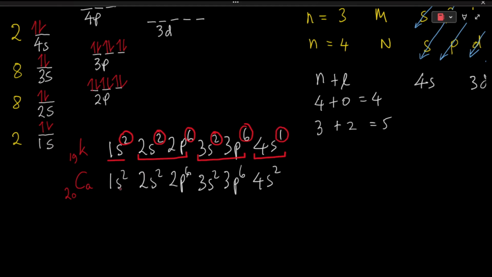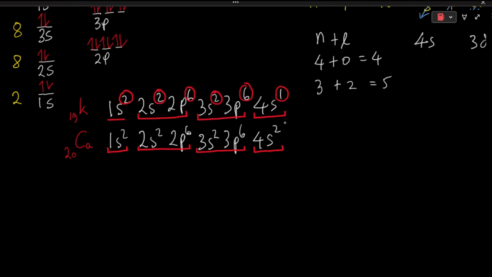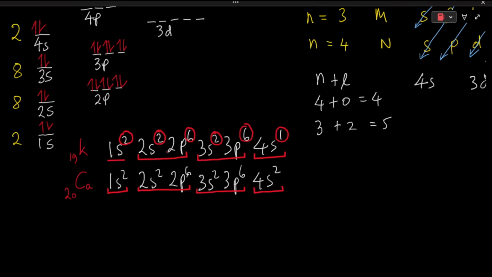And with calcium also, we have 2 electrons in the first shell. We have 8 electrons in the second shell, another 8 electrons in the third shell, and 2 electrons in the fourth shell. And the number of electrons in the shells can be seen from the exponents.